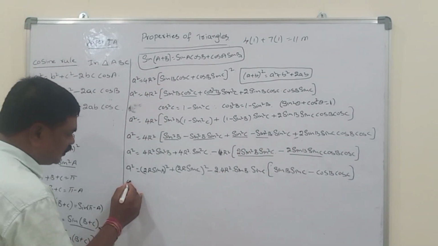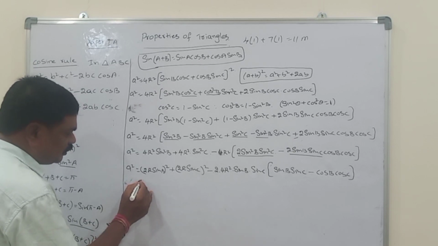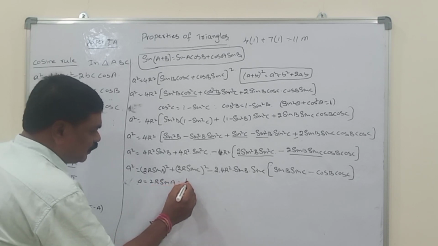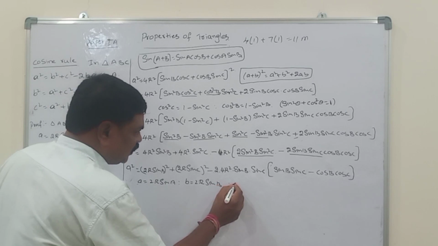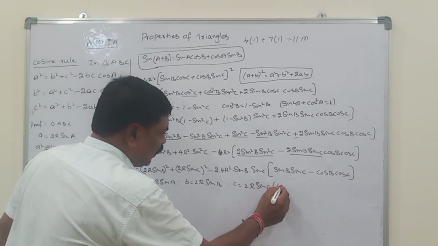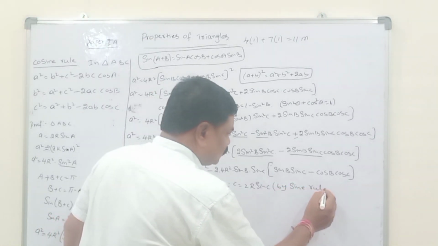So a square is equal to, here you observe, a is equal to 2R sin A, b is equal to 2R sin B and c is equal to 2R sin C by the sine rule.